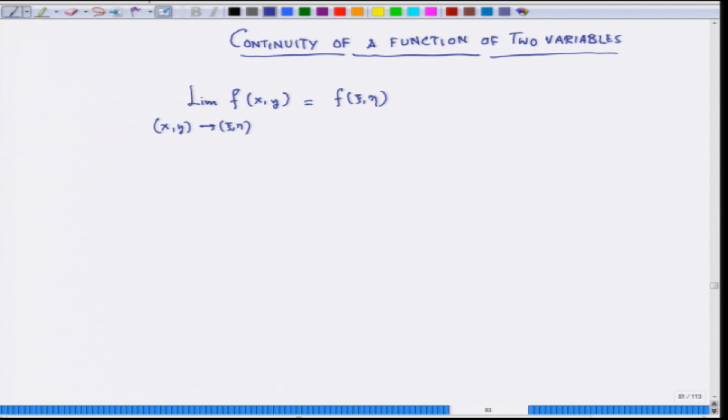So, if I am talking about continuity, my thing would be as follows, that given any epsilon, there would exist a delta greater than 0 such that the difference between f x, I am meaning continuity at xi eta. So, basically continuity at xi eta.